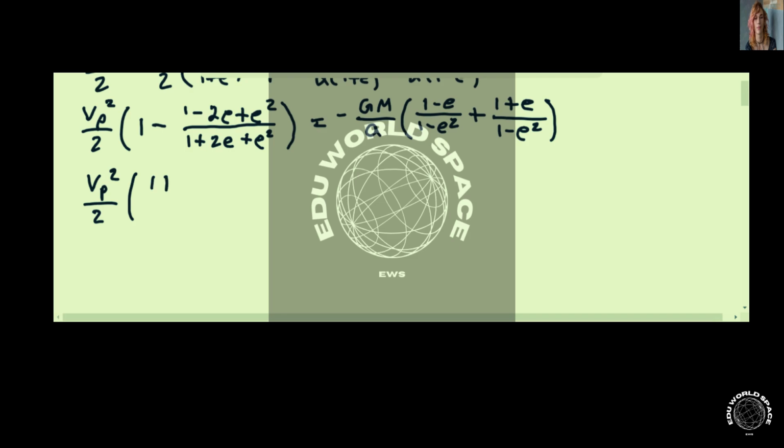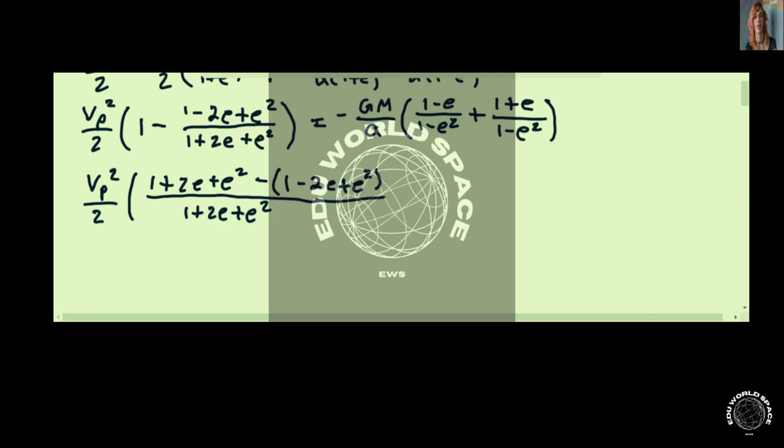So 1 plus 2E plus E squared is now the numerator and the denominator, 1 plus 2E plus E squared. So that's really just 1. And then that's minus all of this business that was originally in that numerator, which is 1 minus 2E plus E squared.